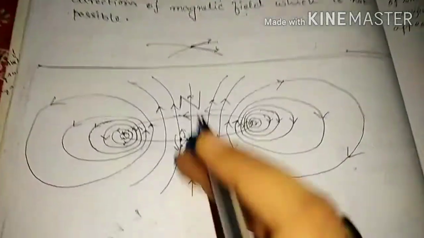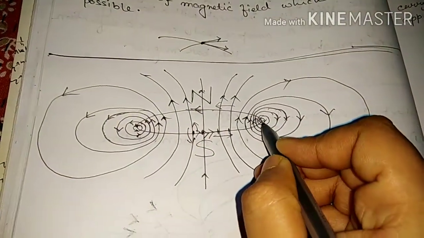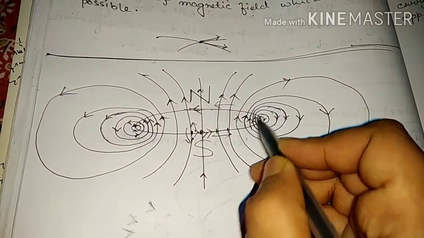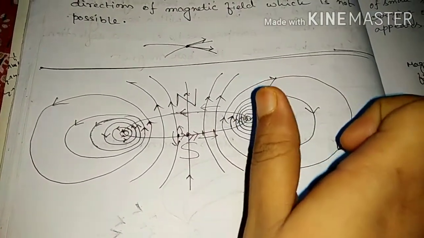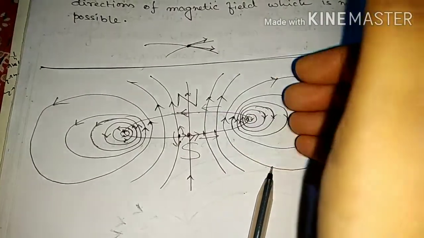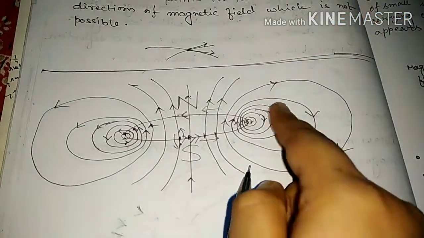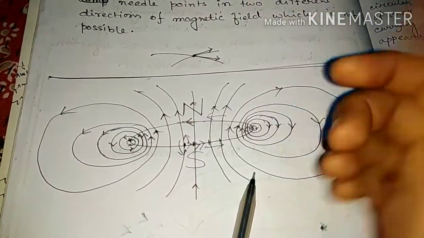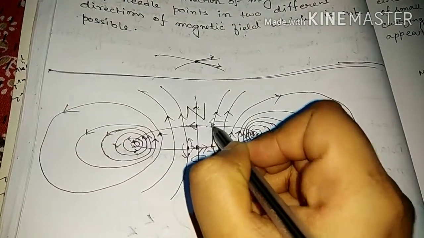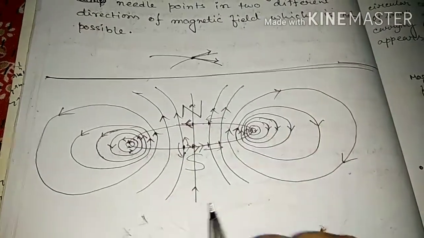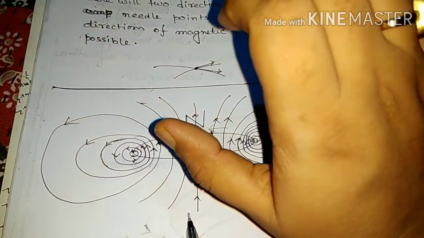Okay, let's take another example. Suppose you consider this segment and the current flowing through this side. The magnetic field inside is in the outward direction, and outside it is inward. If you consider this segment and the current flowing in this direction, you hold your hand this way.